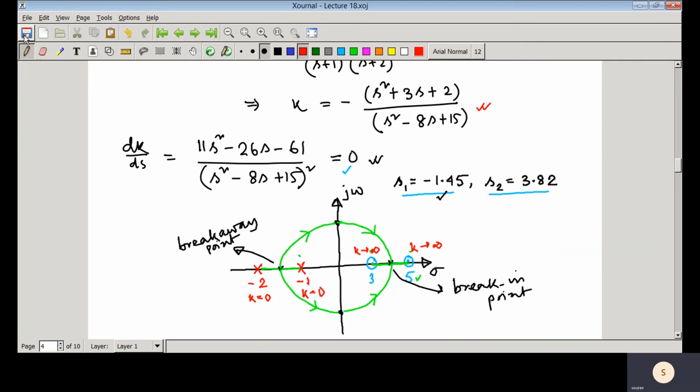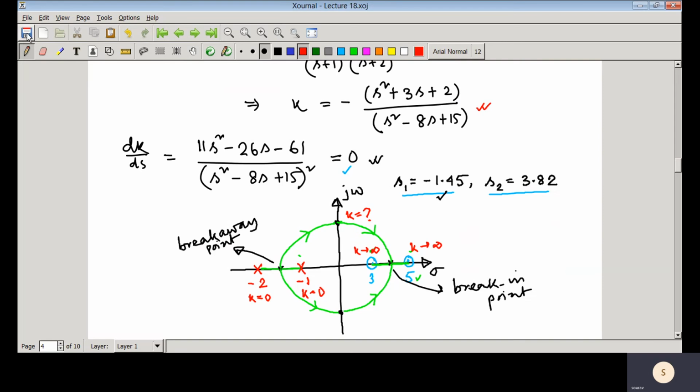Here one point we have noticed is that when we increase the value of K, at some particular value of K, two poles cross the imaginary axis.